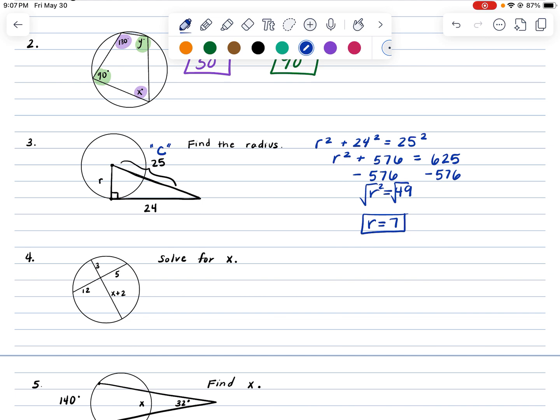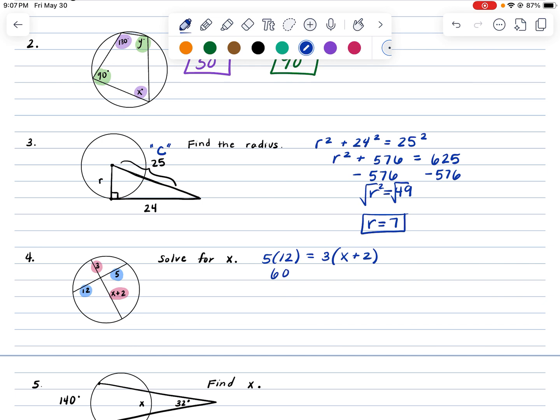Number 4 is from your equation sheet. It's when two lines intersect inside of a circle. And when that does happen, you take the pieces of the line and multiply them together and equal each other. So for example, I'm going to do 5 times 12 is equal to 3 times the other part, x plus 2.